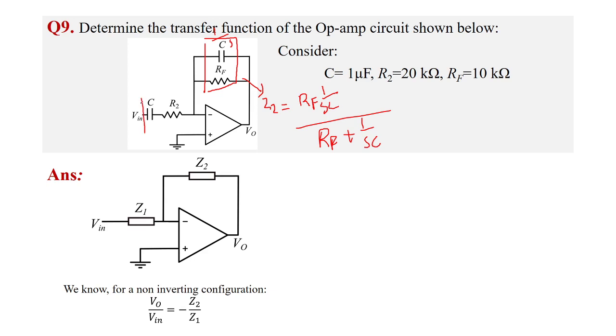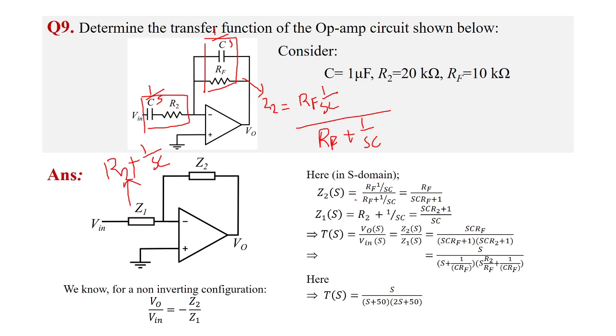And what is Z1? Z1 is this impedance, R2 and C kept in series, so R2 plus 1 by SC. This is Z1. So we can find V naught of S as Z2 of S by Z1 of S. That's what is written here. Z2 of S equals RF into 1 by SC, divided by RF plus 1 by SC.